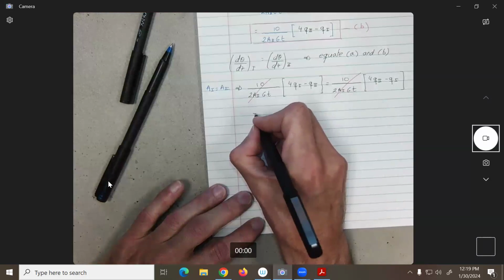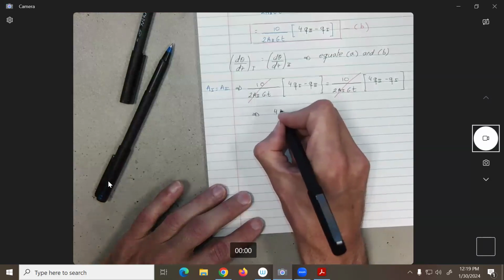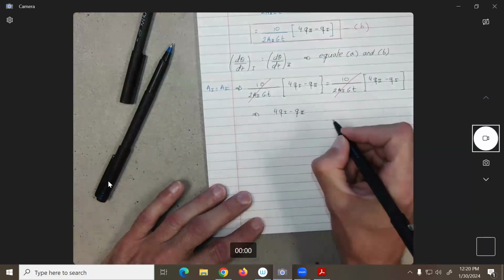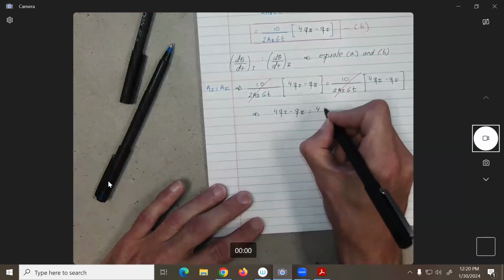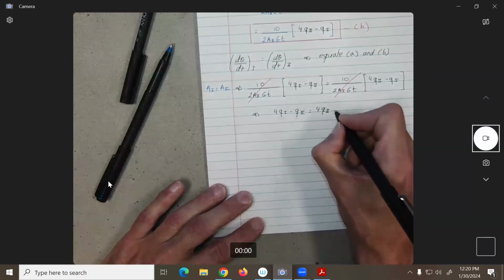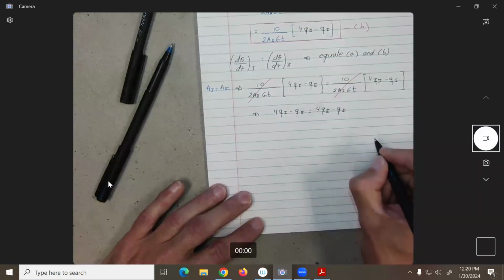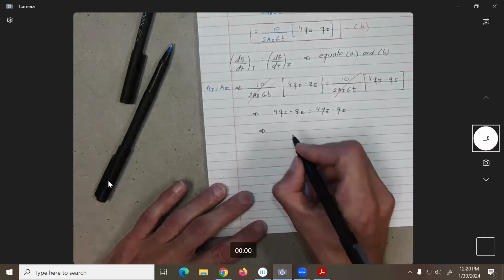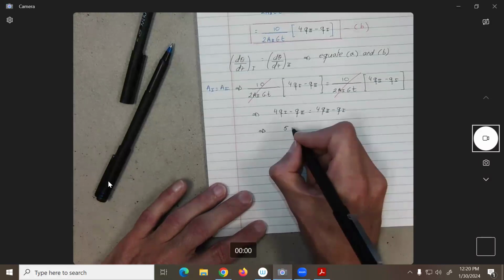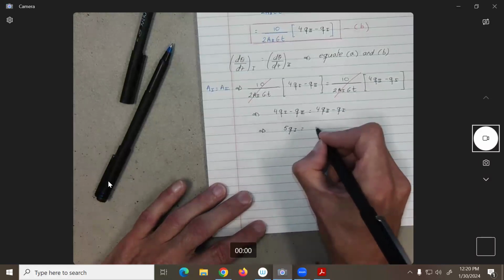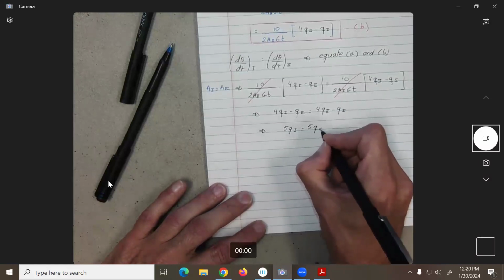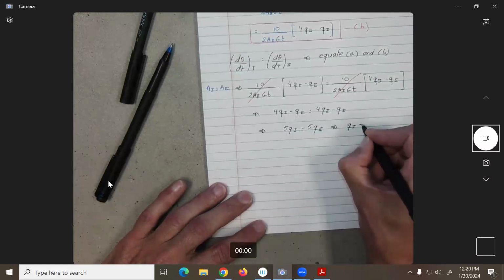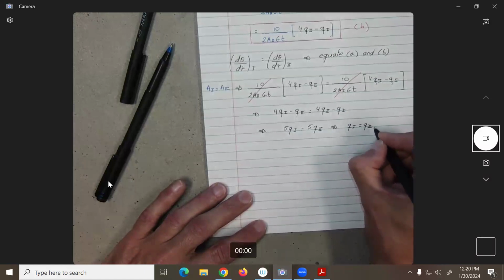So that we're going to have 4Q1 minus Q2 equal to 4Q2 minus Q1, which is going to give what? 5Q1 equal 5Q2, which is the same as saying Q1 equal Q2.